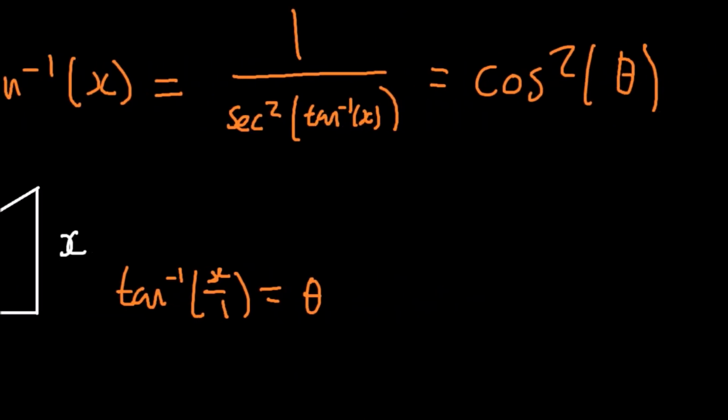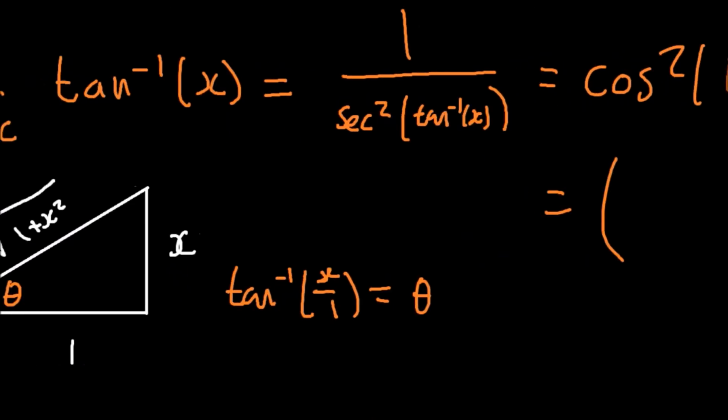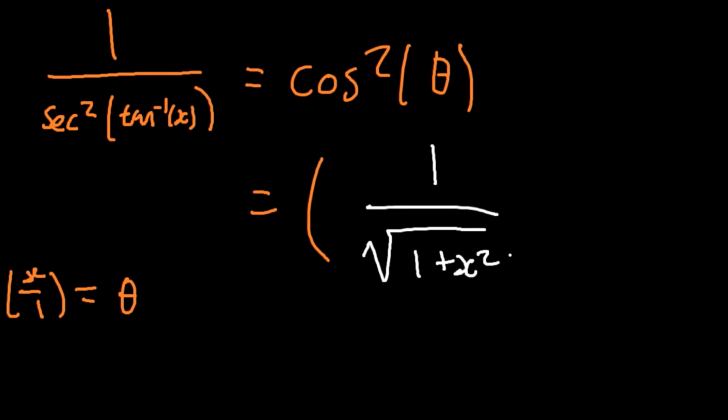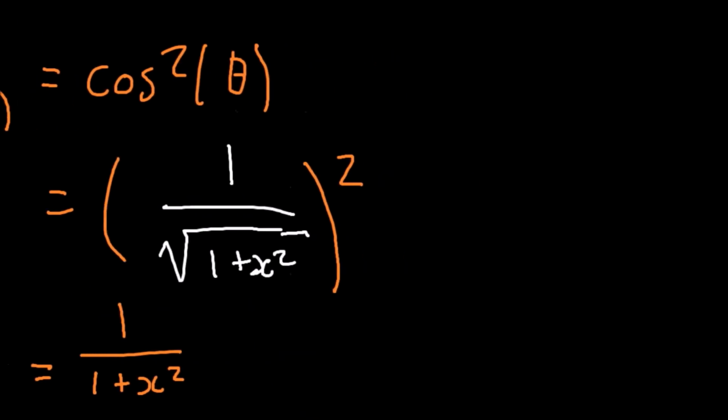Well, on this triangle, the hypotenuse is the square root of 1 plus x squared using the Pythagorean theorem. So the cosine, the ratio of the adjacent to the hypotenuse, is 1, the adjacent, over the square root of 1 plus x squared, which is the hypotenuse. When you square this cosine, you are left with the fact that the derivative of the inverse tangent of x is 1 divided by 1 plus x squared.